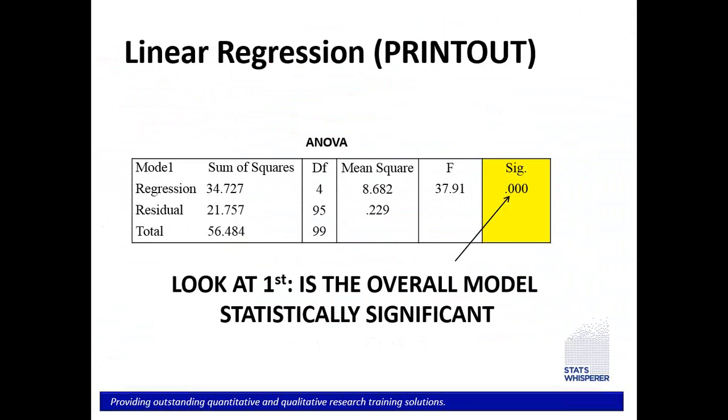And we see ours is here, right, because it's far below 0.05, it's 0.000. Now, if the model's not statistically significant, nothing in the model is considered credible. So you can stop looking at the regression model right there. Because if it's not 0.05 or below, we consider that all the findings in the model are just by chance, right? So we can't take them seriously.